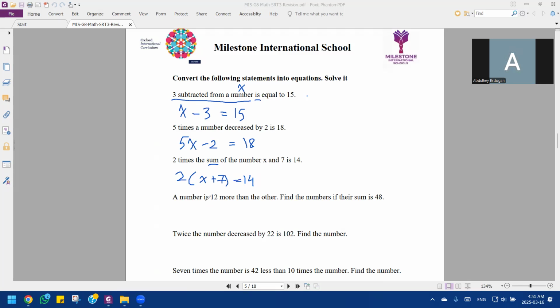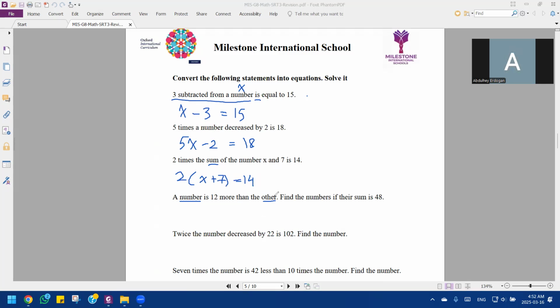Now, a number is 12 more than the other. So here we have a number and we have the other. So here we have actually two unknown variables. But somehow they are related, so we need to know the relation between them. Let's try to formulate it, okay? And always keep the smaller one x. So I have a number is 12 more than the other.